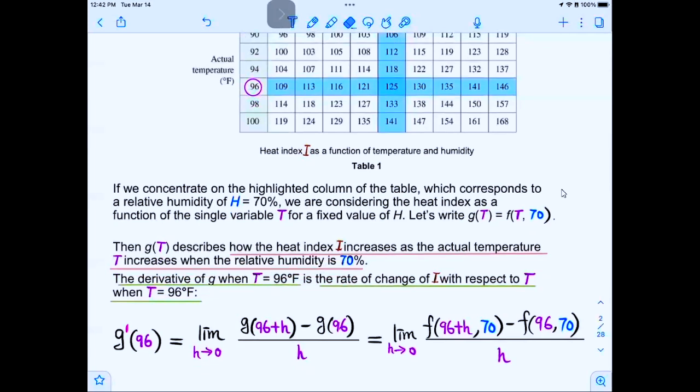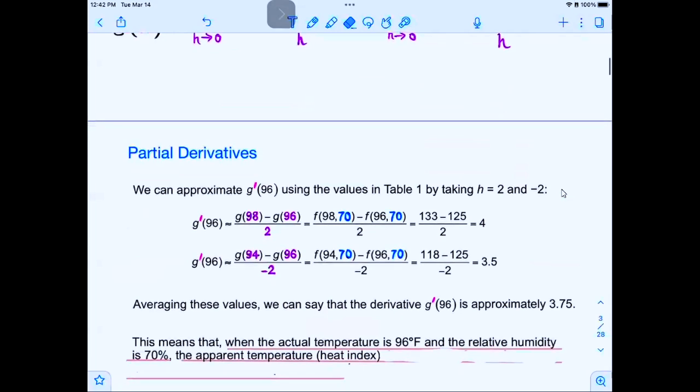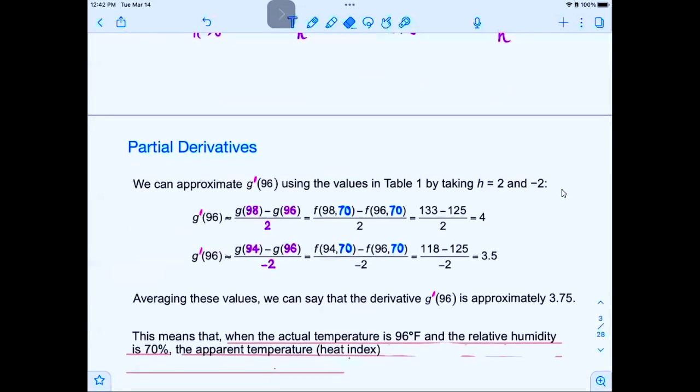We can use y2 minus y1 over x2 minus x1 using the function values at 94 and 96 to get this value over here.